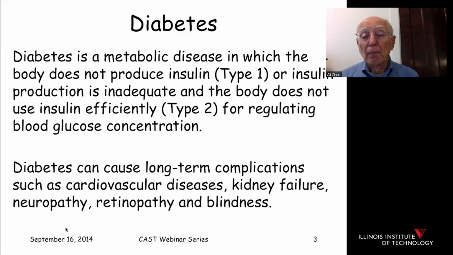In terms of long-term complications, diabetes can cause cardiovascular diseases, kidney failure, neuropathy, retinopathy, and blindness. In terms of short-term challenges, it can lead to dizziness, seizures, fainting, diabetic coma, and ultimately death.